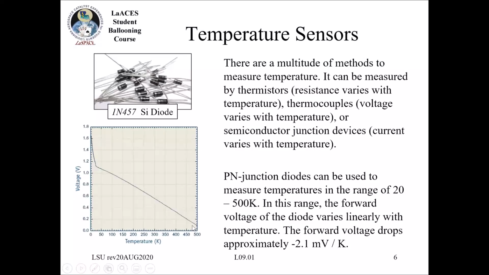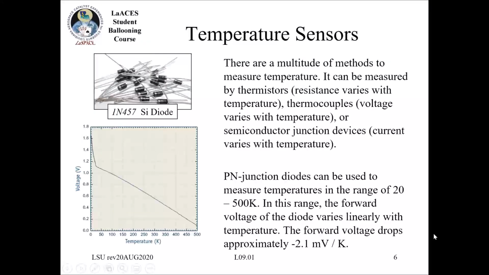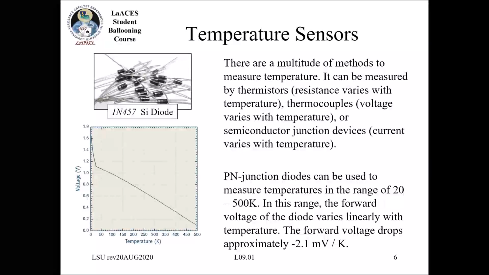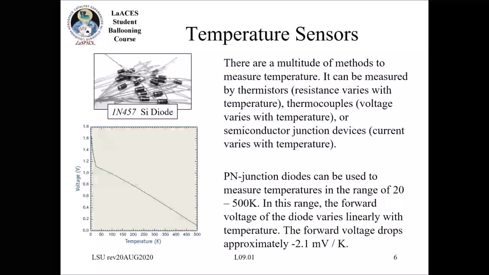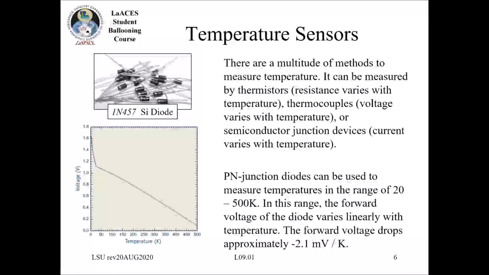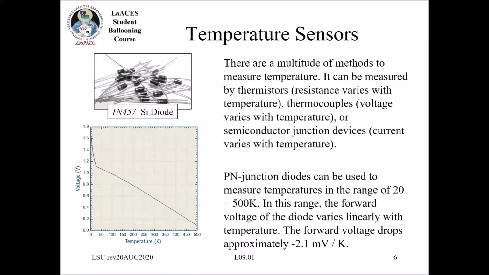The voltage going across the diode will vary linearly with temperature, and this is about negative 2.1 millivolts per Kelvin. And so with this in conjunction with some signal conditioning, that's a word that we'll be getting into a bit later, you can actually measure and record what your temperature is.